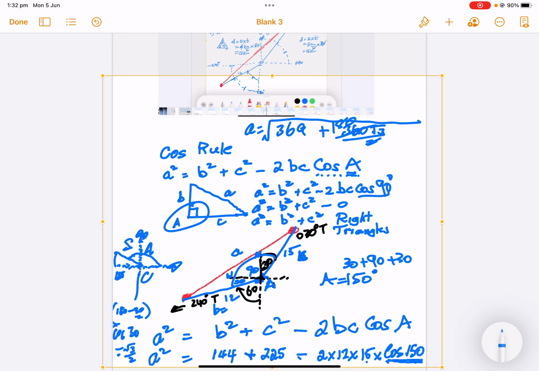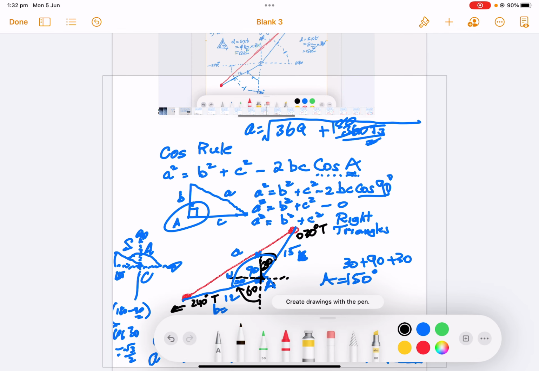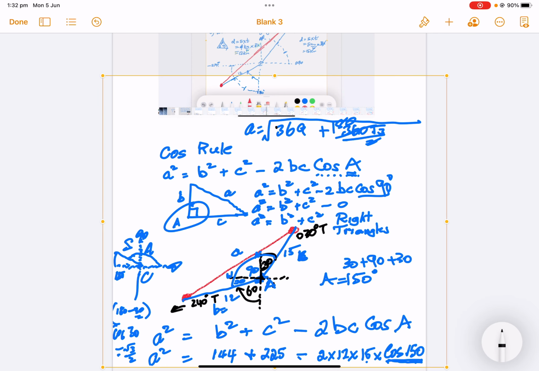So if you got a calculator and found the square root of 369 plus 180 root 3, there's your answer for part 2.